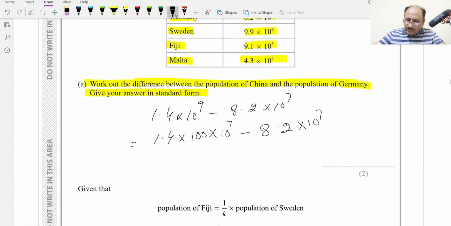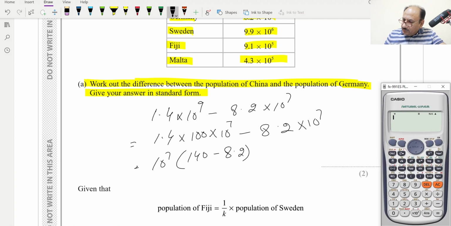Now we can take common 10 raised to power 7. Inside will be 1.4 into 100, which will be 140, minus 8.2.